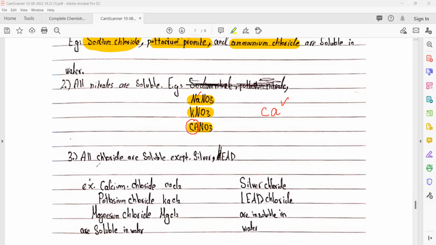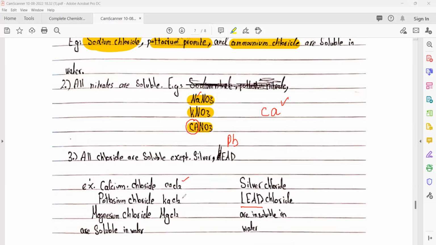Okay, so all chlorides are soluble except silver chloride and lead chloride. Lead, Pb, that's its symbol. Calcium chloride, CaCl2.